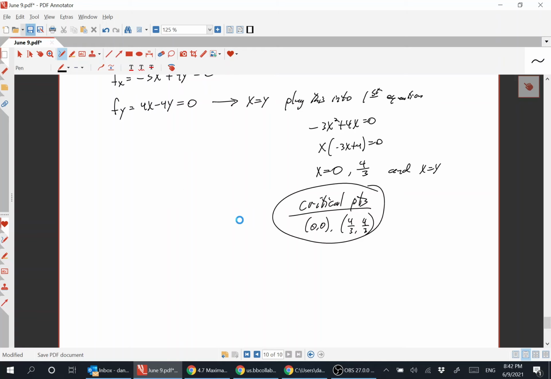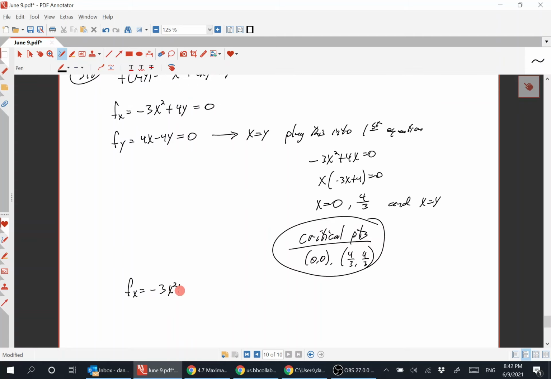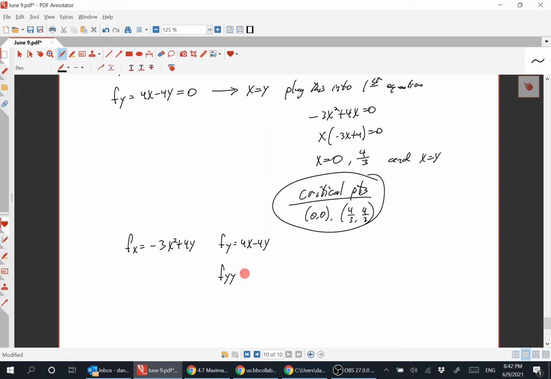So you have to do the second derivatives now, right? So fx was minus 3x squared plus 4y, and fy was 4x minus 4y. So fyy is, sorry, negative 4. fxy, which is the same as fyx, is equal to 4.